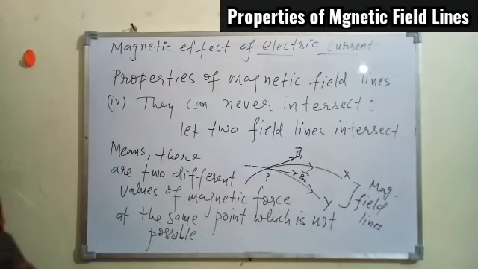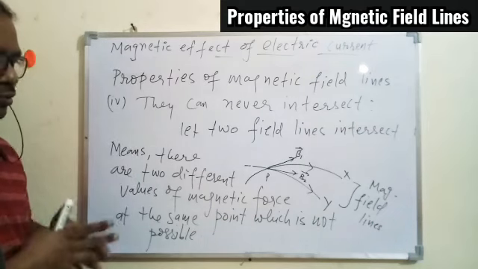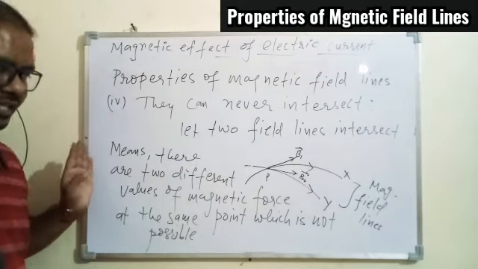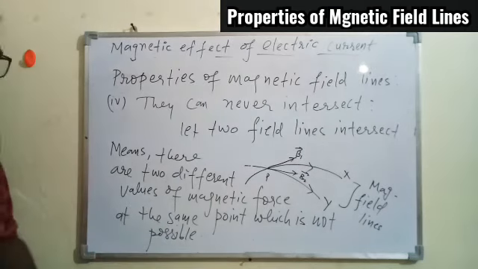Hence they cannot intersect. So I hope this is understood. The magnetic field lines can never intersect, and if they intersect, the meaning is this, which is not possible.